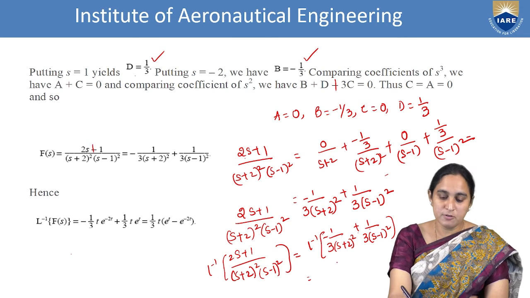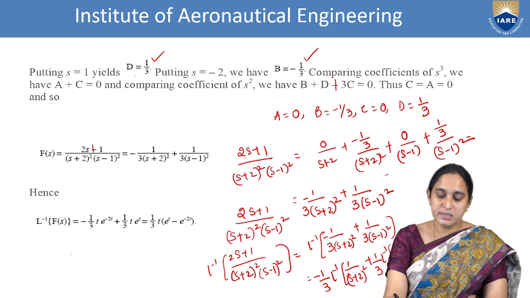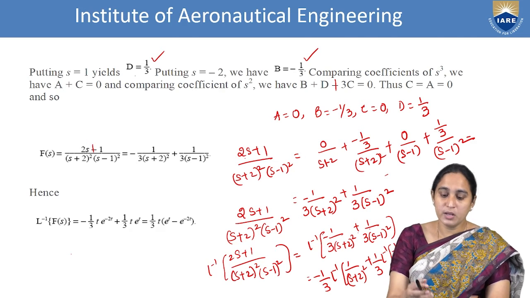I'll take minus 1 by 3 outside, and the remaining is Laplace inverse of 1 by s plus 2 whole square plus 1 by 3 into Laplace inverse of 1 by s minus 1 whole square. Okay, next step.